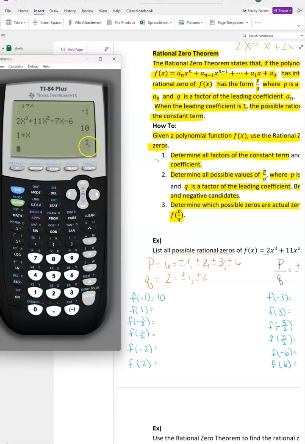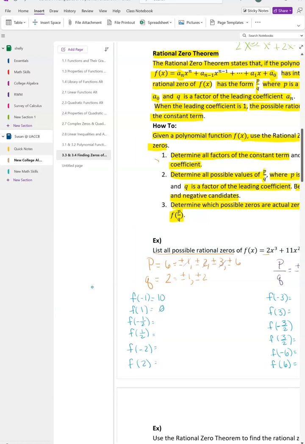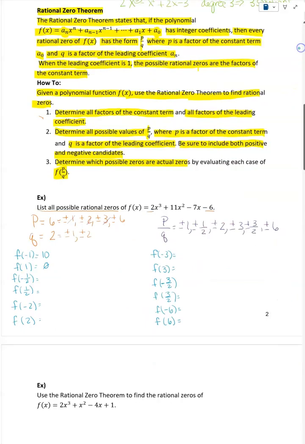So now 1 is in here, and if we go up and grab our function again and hit enter, we're going to see that this gives us 0. So for f of 1, it's going to be 0. So I have stored that into my calculator for each of these. So instead of grabbing my calculator for each one, I'm just going to write down what it is.